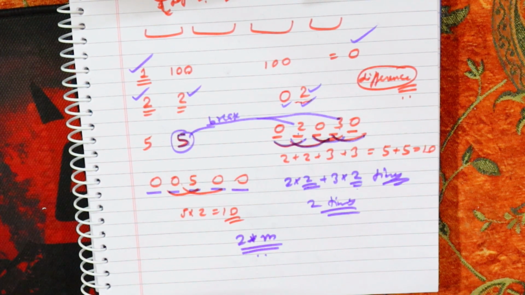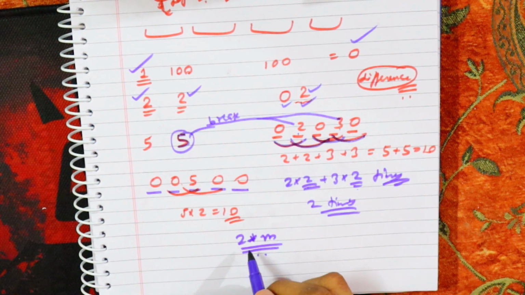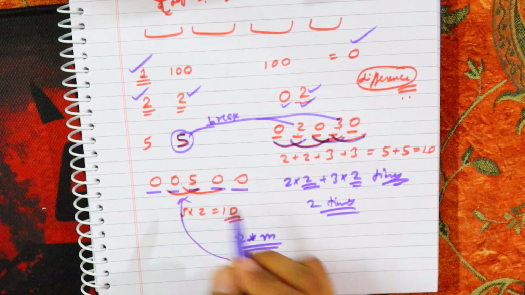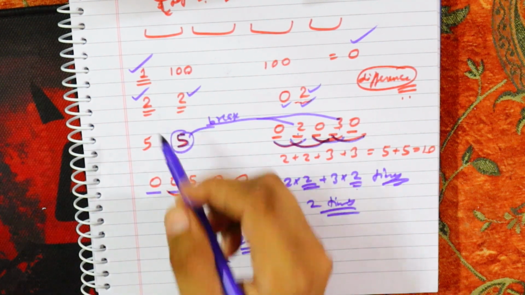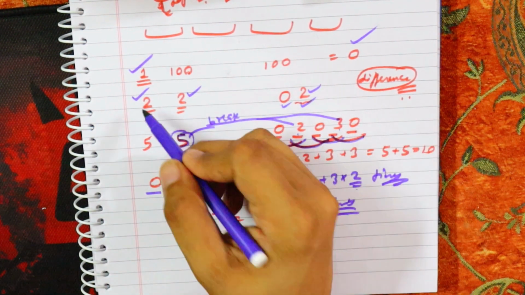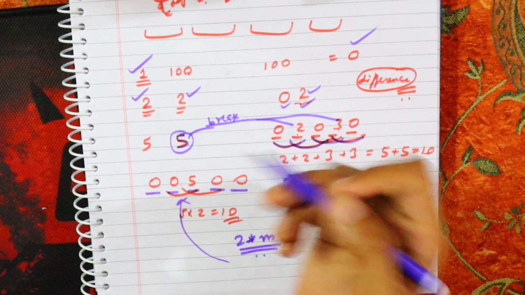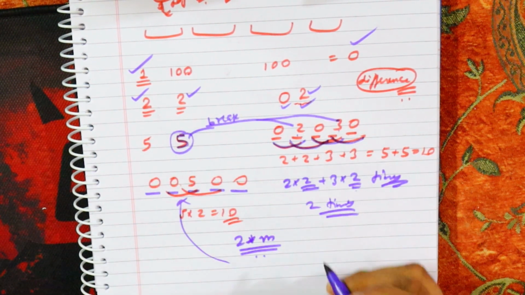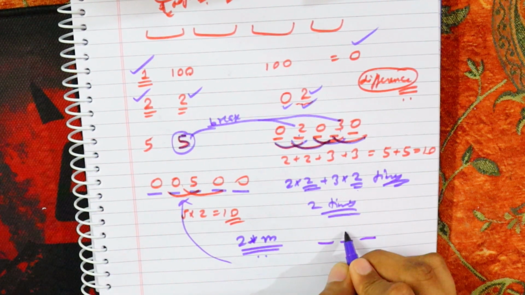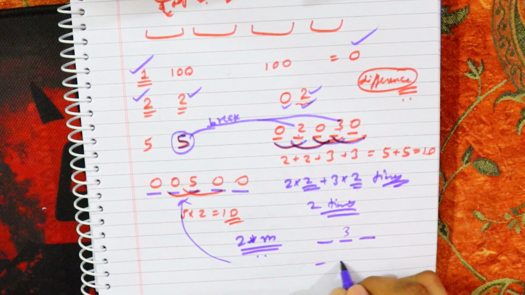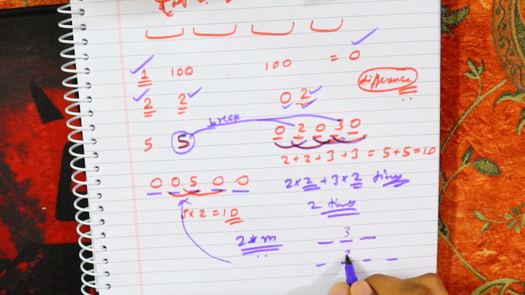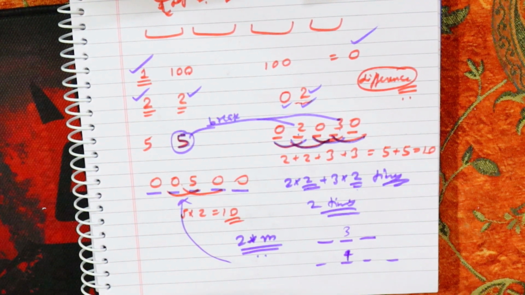And how can we place it? We can just place m in between. For 1 it is 0, for 2 it is m, and for 3 or more than 3, like for 3 we can place m in the middle, and for more than 3 we can place m somewhere in between.